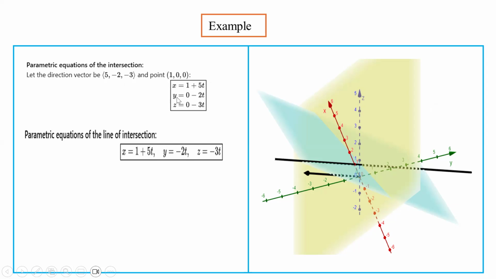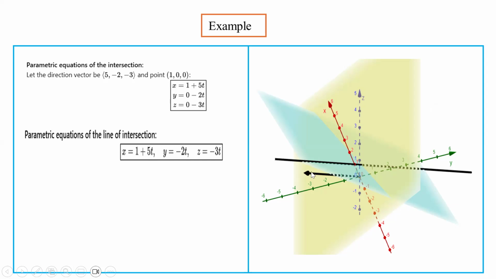Then y equals 0 minus 2t, and z equals 0 minus 3t. To simplify, x is equal to 1 plus 5t, y is equal to negative 2t, and z is equal to negative 3t.